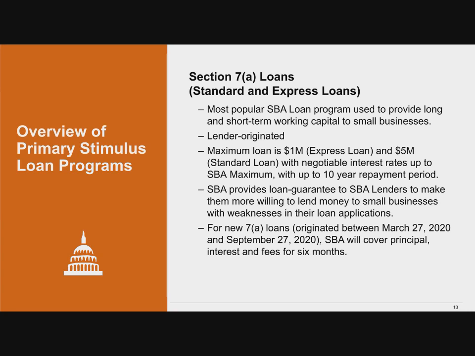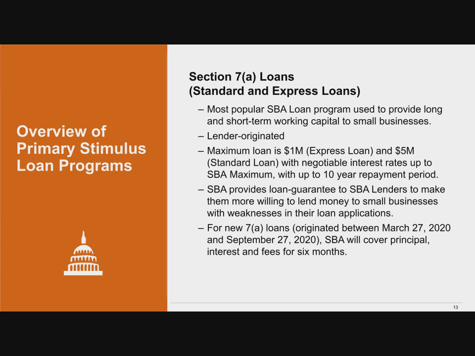So the delivery system with that segment of the population is going to be a little different than the delivery system for the more active lenders that represent probably 80% of the loan volume. So when you, as a small business, think about, do I have enough collateral for a regular 7(a) loan? Who should I go see?